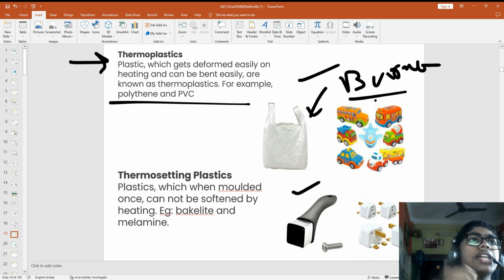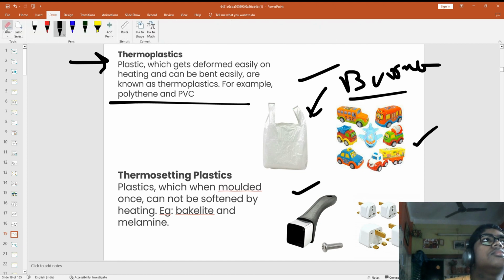You will have seen how they get deformed. Now if you keep these plastic toys on the gas, on your stove, they will get deformed. They will melt. Right? Thermoplastics are the plastics which get deformed easily on heating.